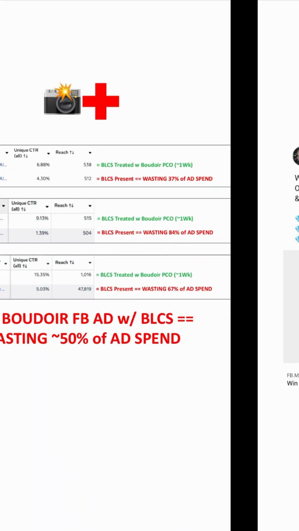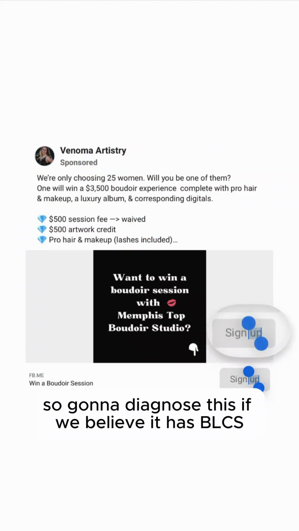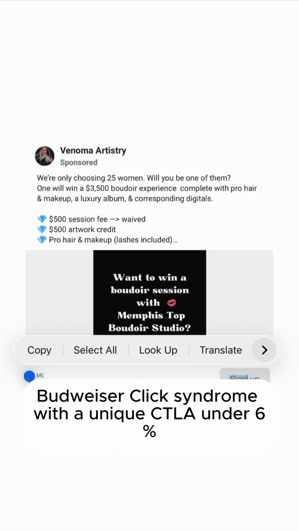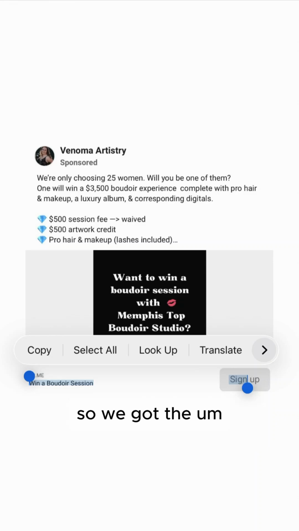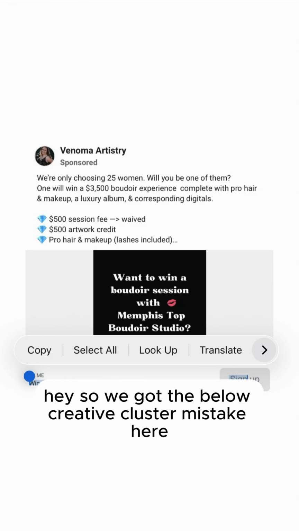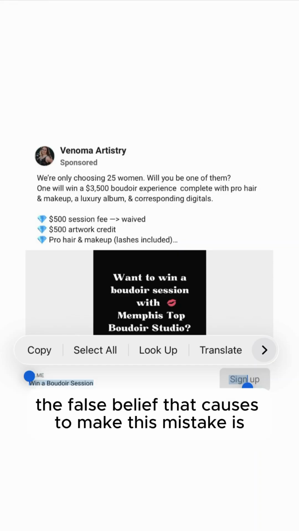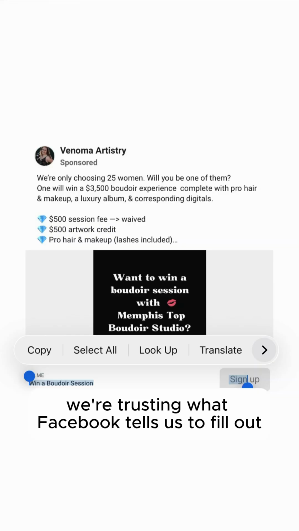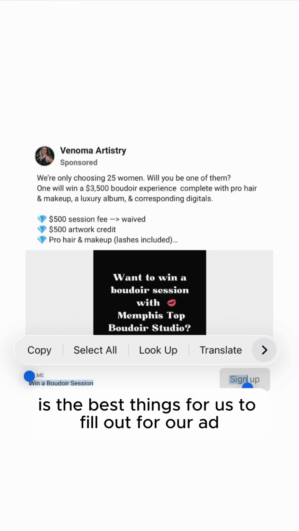The Zuck. So I'm going to diagnose this, see if we believe it has BLCS, Boudoir low click syndrome, with a unique CTRL under 6%. So we got the below creative cluster mistake here. The false belief that causes us to make this mistake is that we're trusting what Facebook tells us to fill out for our ad is the best thing for us to fill out.